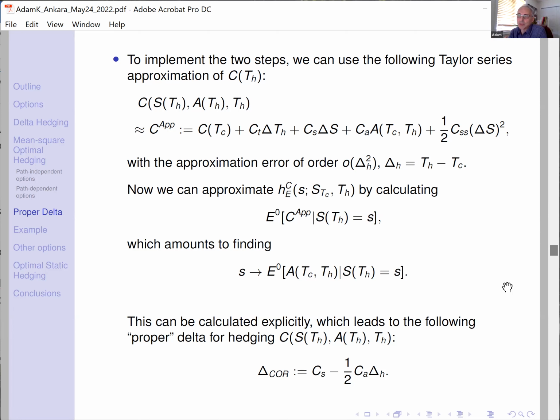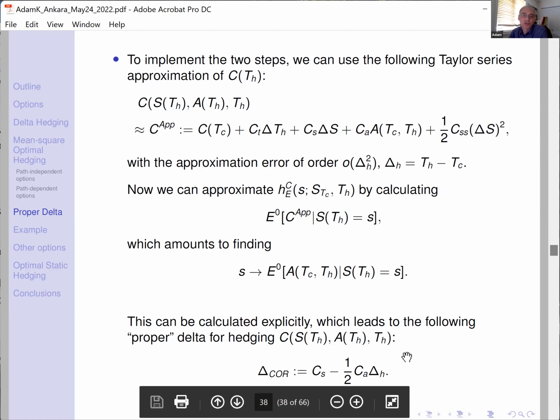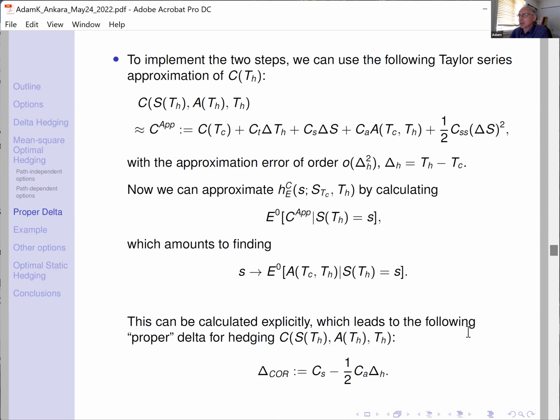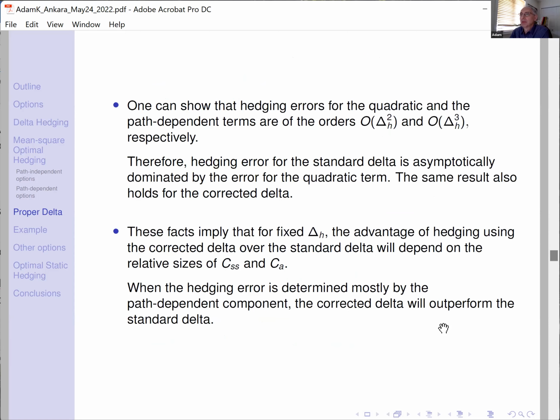Formally, I want to hedge a function that depends both on the underlying security and the path component. They are dependent. The classical delta looks only at sensitivity along one axis. This one provides a more complete differential. I don't have time to go deeper, but this is another explanation.